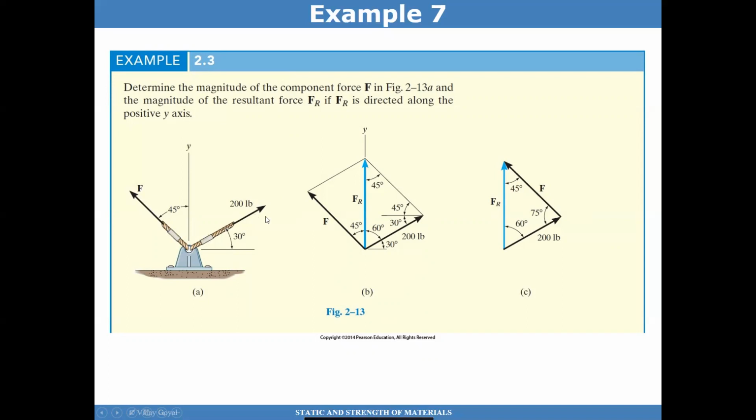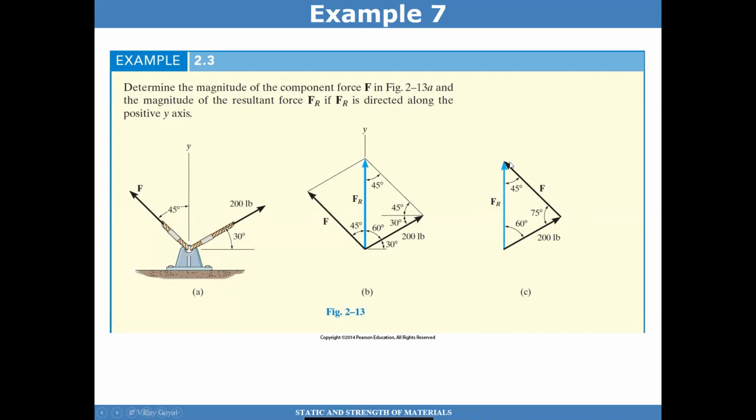I know this is 200 pounds. I can draw that geometrically. I know this 45 degrees. I know FR is always pointed upwards. I don't know what F is, but geometrically I'm forced because I know this distance and I know this is pointed upwards. So this 200 pounds, this is 60, and that's 45 degrees per the problem statement, because I can move F, so it's drawn here.